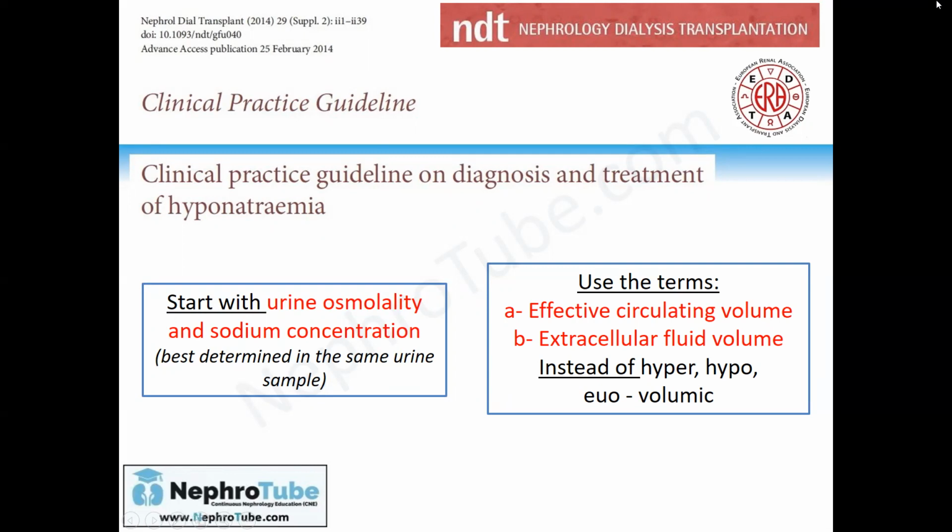For example, in heart failure patients, we say the patient is hypervolemic, but actually the hypervolemia is only in the interstitium, while the intravascular space may be in a hypovolemic state. So the approach I will show you now uses the terms effective circulatory volume, which reflects the blood volume, and extracellular fluid volume, which reflects the amount of water in the interstitium and edema.